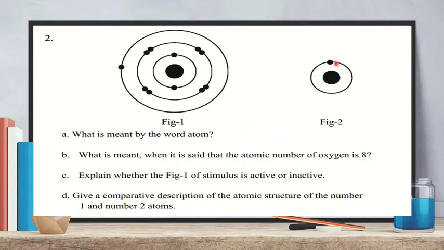Hydrogen also has 1 electron on its outermost shell, but hydrogen does not release this electron. Hydrogen wants to accept an electron, and after gaining an electron, hydrogen will become a negatively charged ion or anion. These are the comparative descriptions of these 2 atoms in the above figure.